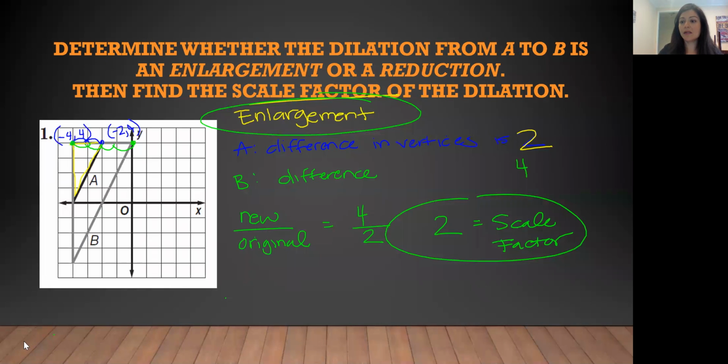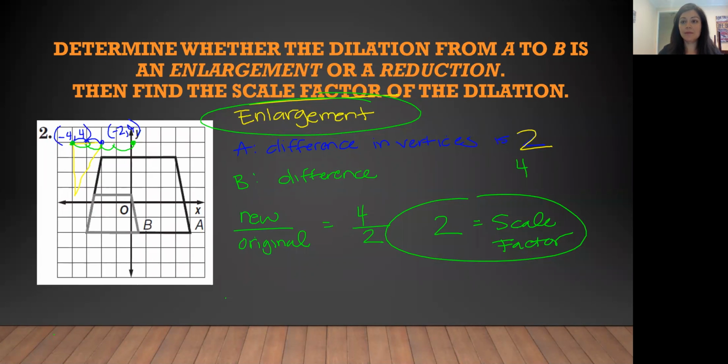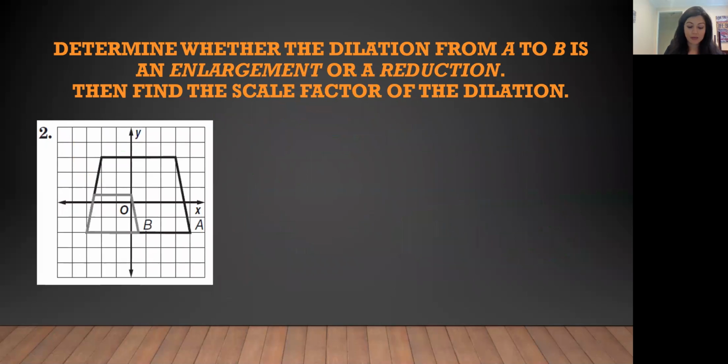Let's look at the next problem. Second example, same thing. Just by looking at this, going from A is this larger trapezoid, and B is the smaller one. So this is obviously going to be a reduction. But we can verify that by figuring out the scale factor.